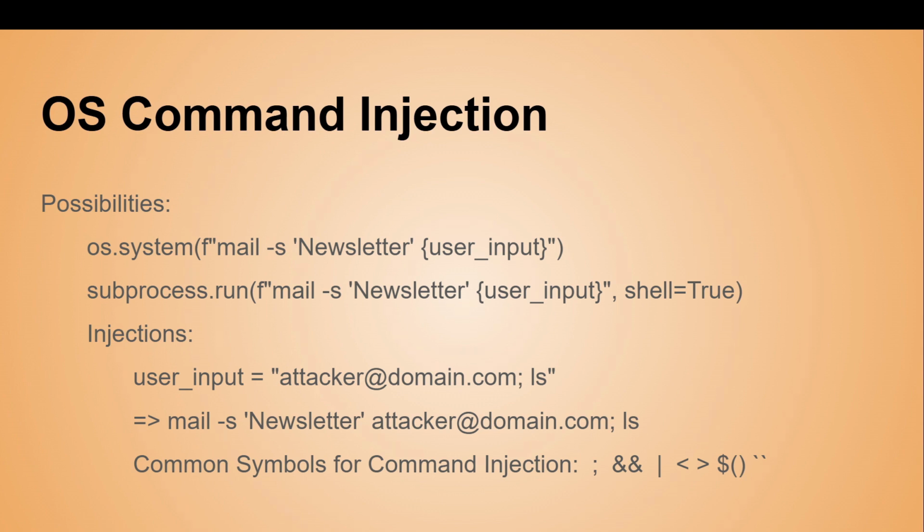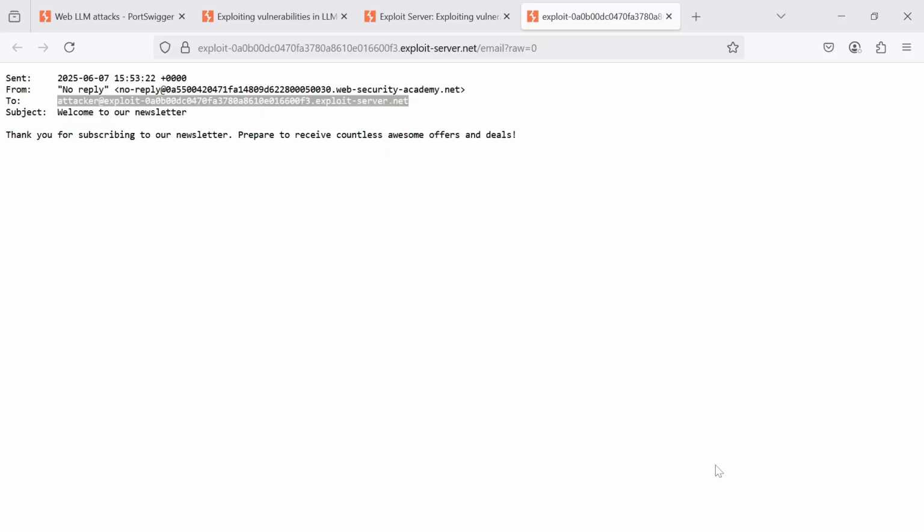We have some user input that influences LLM output and is used to make a critical function call. So we might be able to inject some OS commands into the email address and hope that these commands are also executed in the system call. And you know that there are some symbols used to inject OS commands into the input data. Let's go back to the lab, to the chatbot.